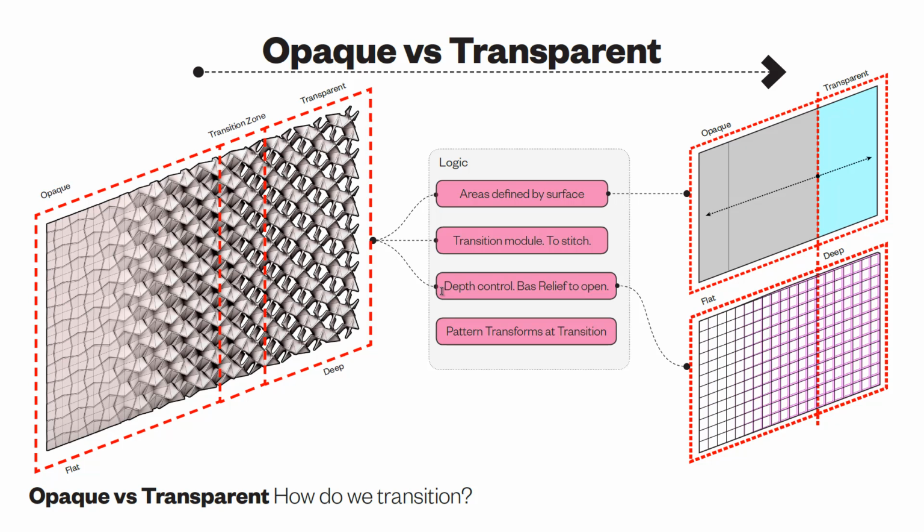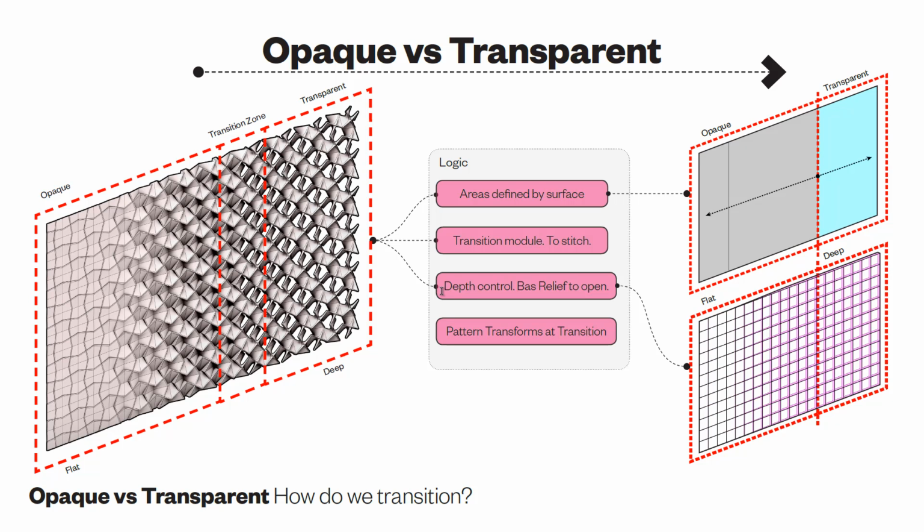We define all of our opaque areas, and at the end of that, furthest away from our transparent areas, the tile gets flat. We want the relief to flatten out and dissipate, and where it gets totally transparent is where we want it to be the deepest.